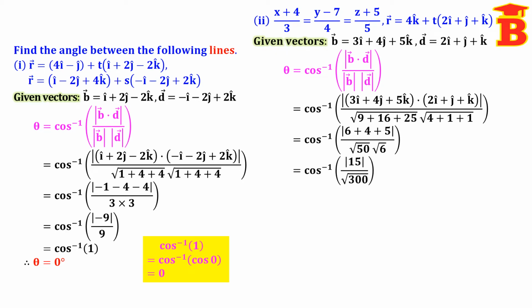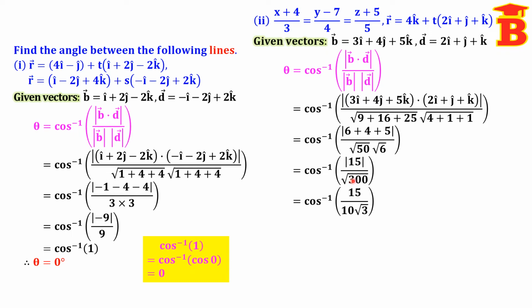So this is equal to cos inverse of, adding, modulus 15 divided by root 50 into root 6. So both are root numbers, so we can multiply this, that is root of 50 into 6, 300. And 15 is already positive, so we can remove the modulus sign, that is 15 divided by root of 300, which is 10 into root 3.